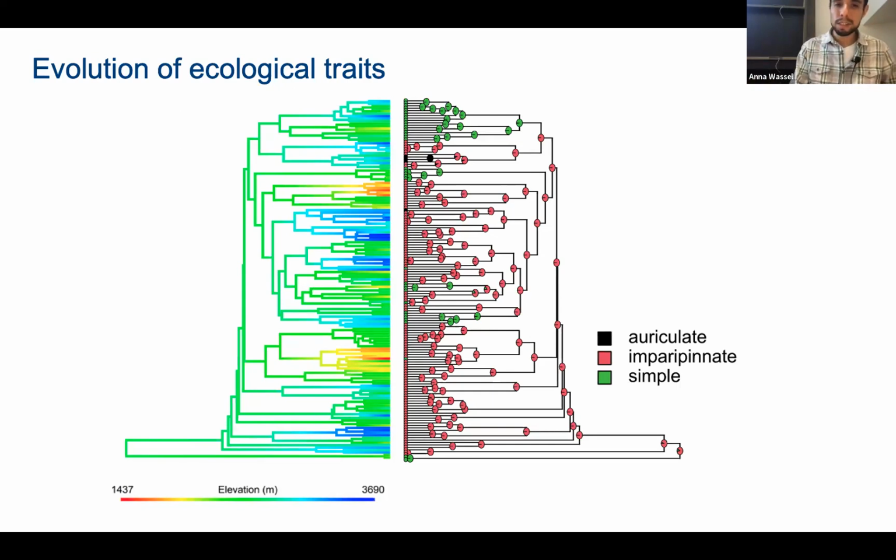I don't want to get into the details of these figures, but as we can see from the leaf type reconstruction, there are multiple transitions from a compound leaf, imparipinnate leaves, to simple leaves across the phylogeny. So this transition might have occurred multiple times, the same for auriculate leaves.